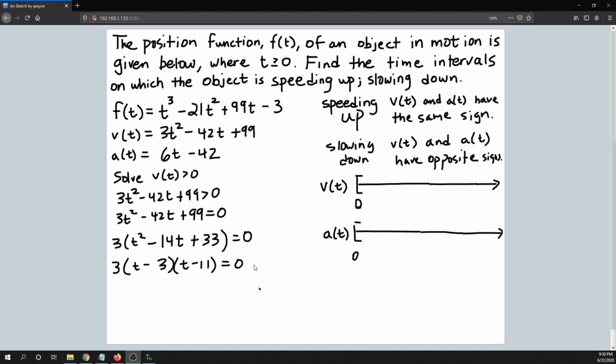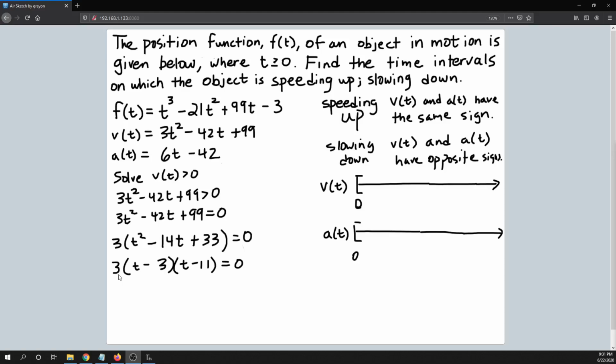All right, so now this quadratic is completely factored. I have these three factors, 3, t minus 3, and t minus 11 equals 0. When I multiply those three things together and I get 0, that tells me that at least one of these had to be 0. We know it can't be 3, because 3 is not equal to 0.